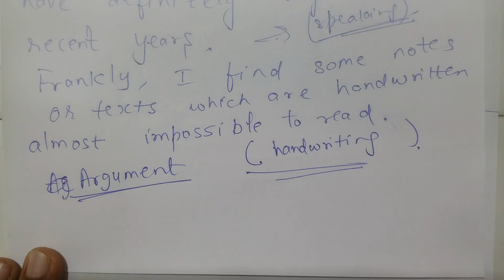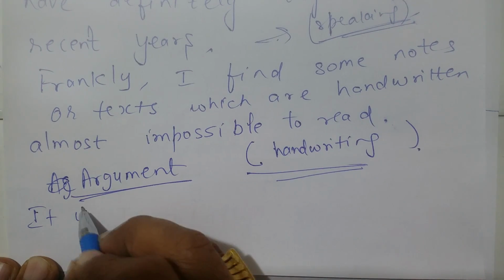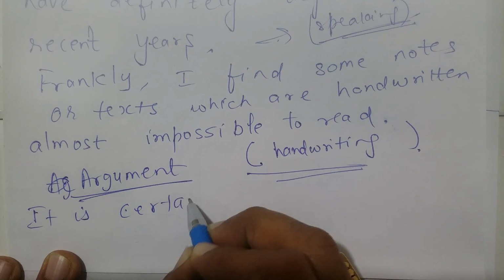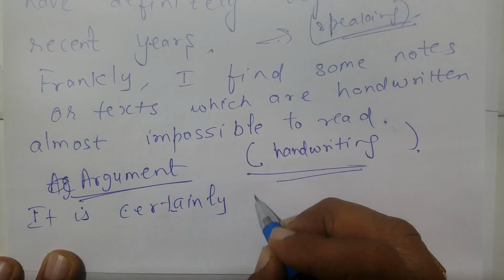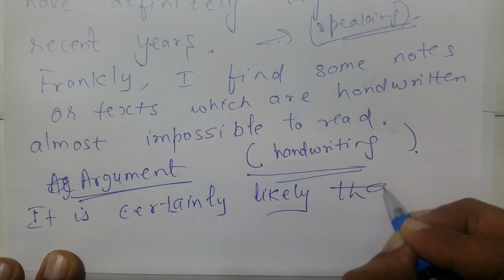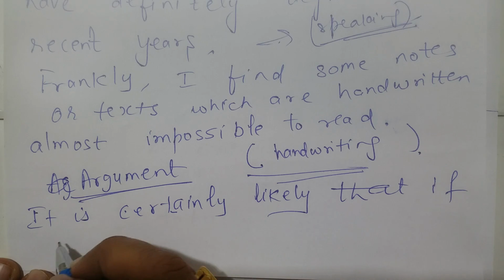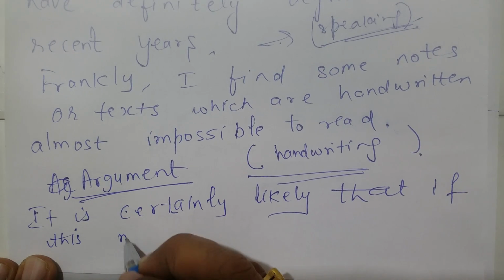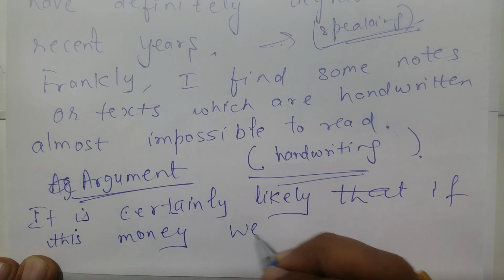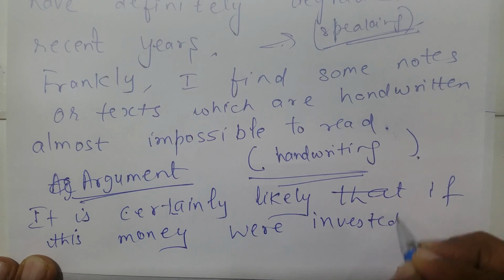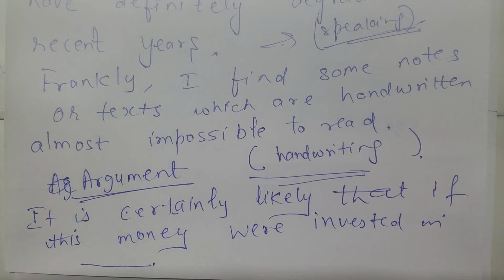Right? I have to check my page 1 also regarding this argument. In this case, what I'll do: it is certainly likely that if this money were invested in, so any type of topic that is related to discussing both views or giving your own opinion, we can use this type of line.